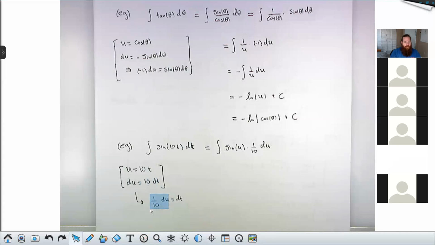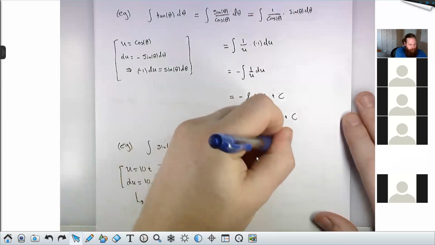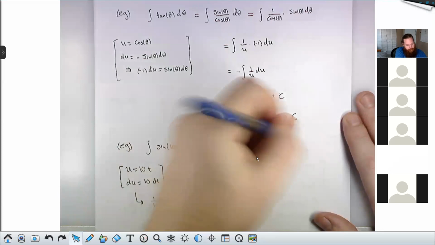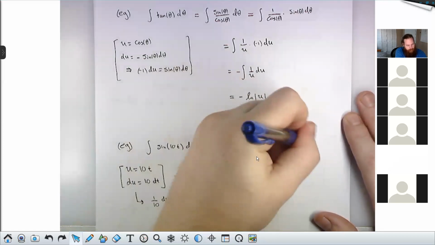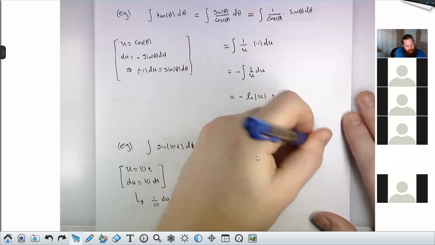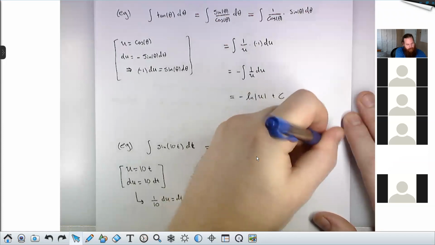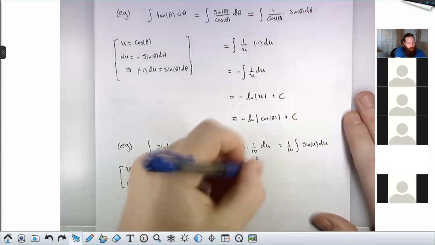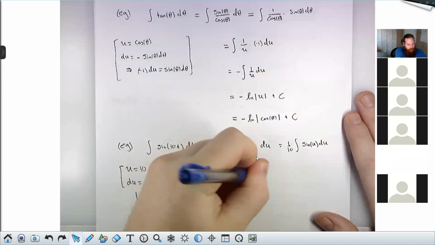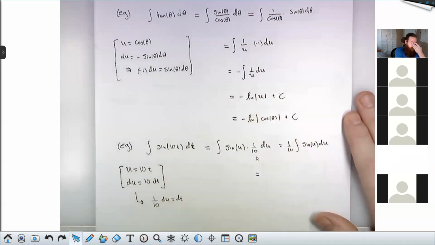So dt is 1/10 du. So where there was a dt before, there will now be a 1/10 du. And now just like the -1 from the last guy, this 1/10 can pop out. And the integral of sine u du, who differentiates to sine?